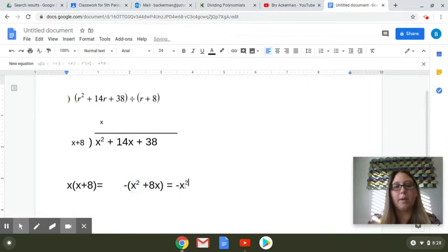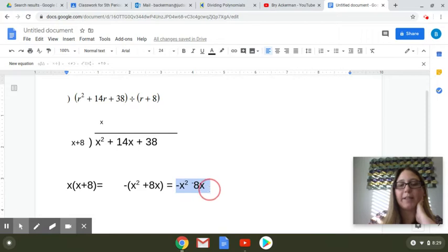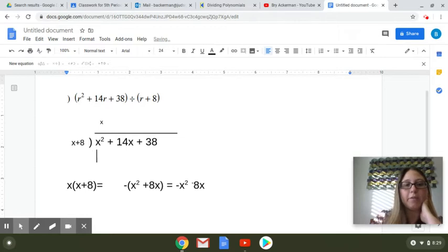And we also end up with a negative 8x. Okay. And so when I subtract that from up here, I'm going to take this and subtract it from here. And then you start over.